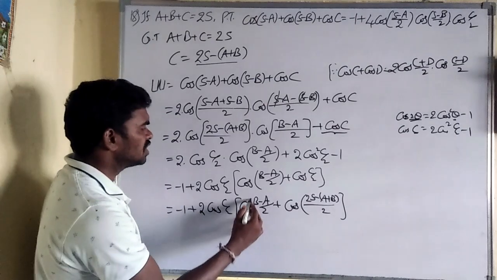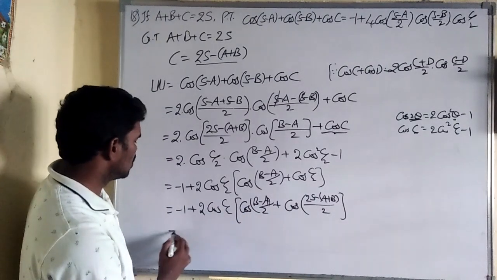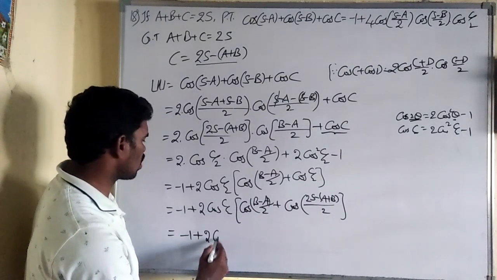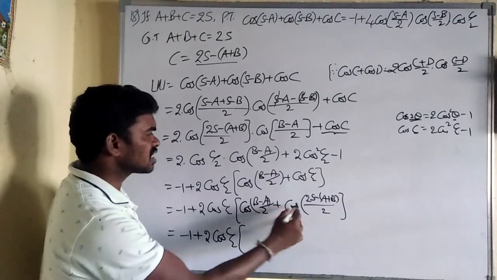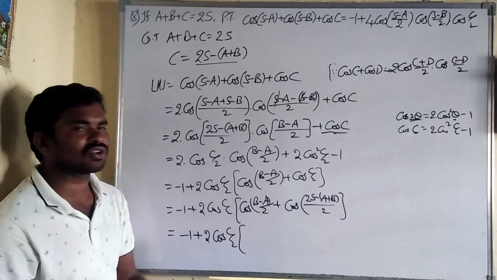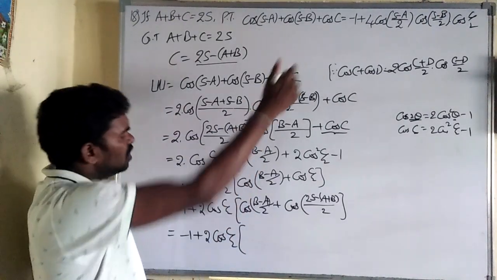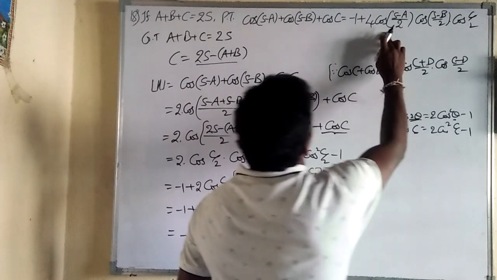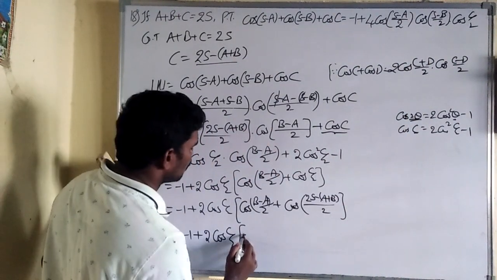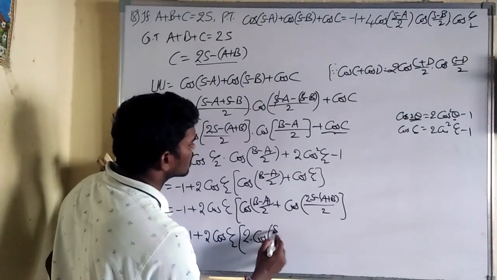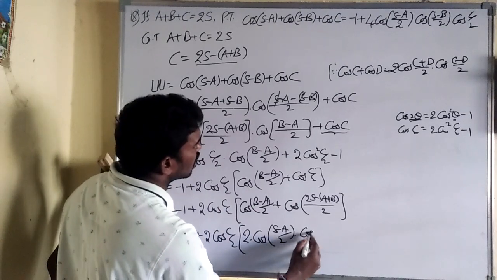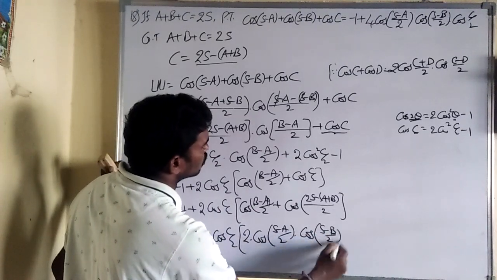all by 2. Now this is in the form of cos C plus cos D. So it is minus 1 plus 2 cos C by 2. The cos C plus cos D formula is 2 cos (C plus D) by 2 cos (C minus D) by 2. Do that, substitute and simplify, and you get 2 cos (s minus A) by 2 into cos (s minus B) by 2.